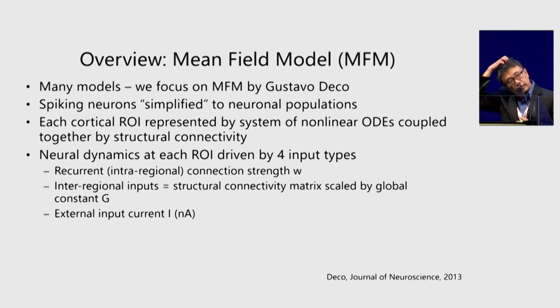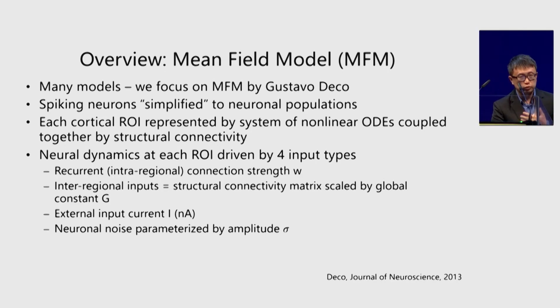The third input is the external input current. The external input currents can be thought of, for example, as potentially inputs from subcortical relays, and it can also be thought of as a term to capture essentially things we're not modeling. And the fourth input is neuronal noise, parameterized by the amplitude sigma.